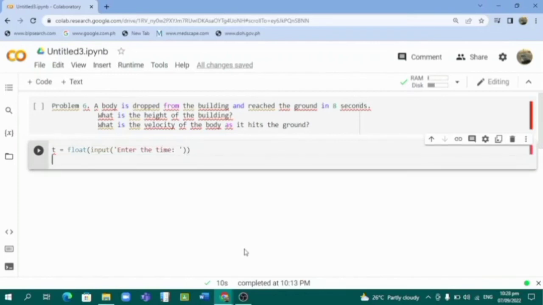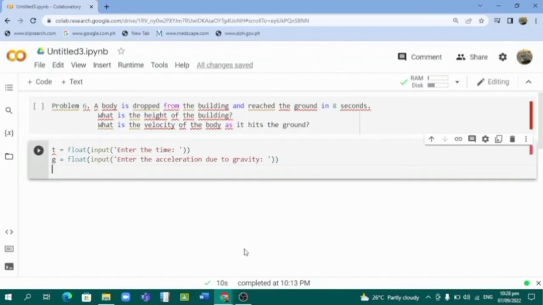In the second line, we're gonna put here g, which represents the acceleration due to gravity. Float, close open parenthesis, input function, close open parenthesis. Enter the acceleration due to gravity, colon and space.